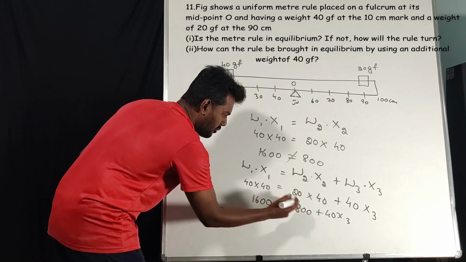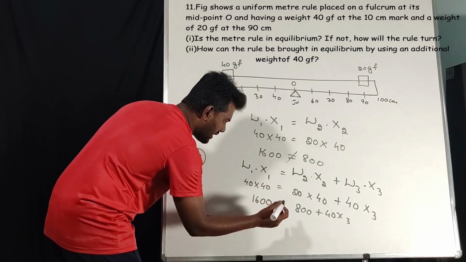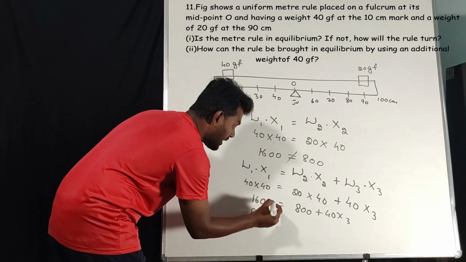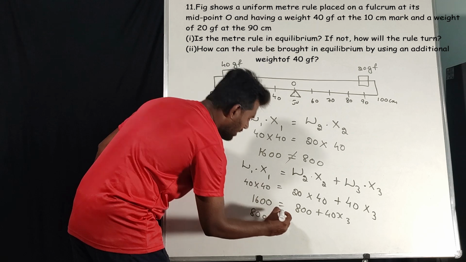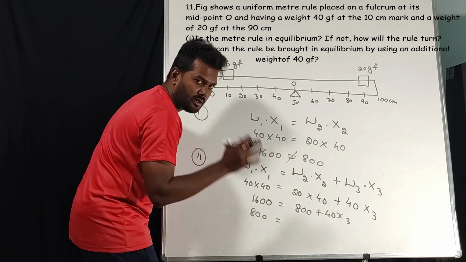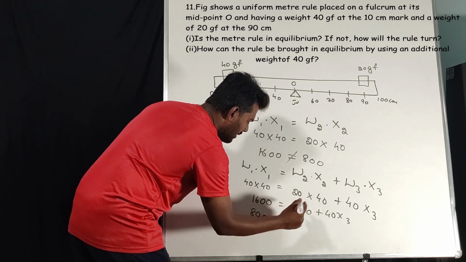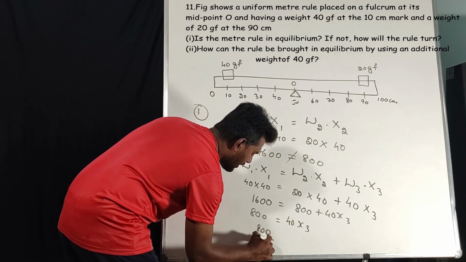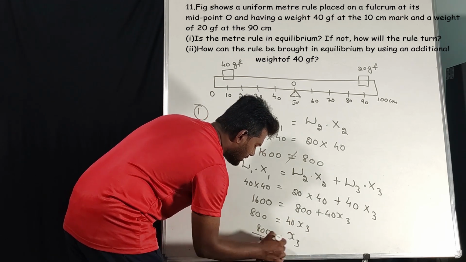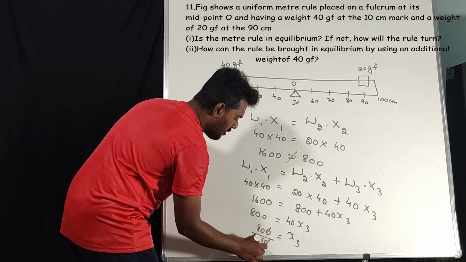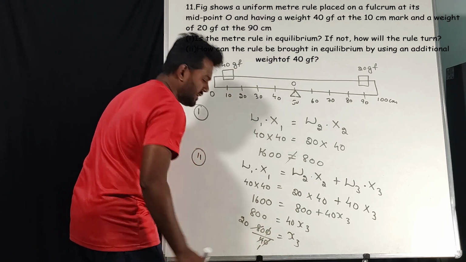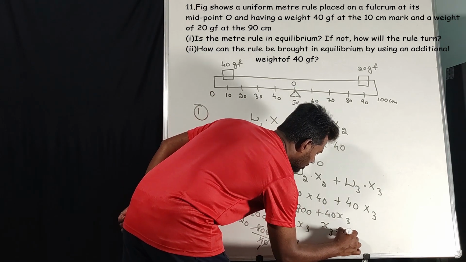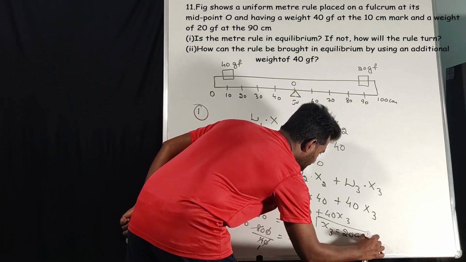If you move this 800 here, 1600 minus 800, we are getting 800. Then 800 is equal to 40 X3. 800 divided by 40 is equal to X3. The zeros cancel. 4 ones are 4, 4 twos are 8. So the X3 value is equal to 20 centimeter.